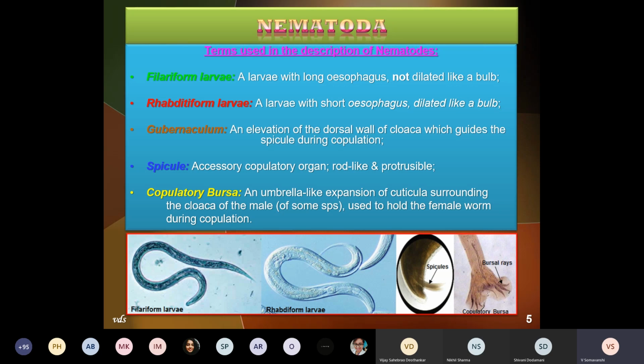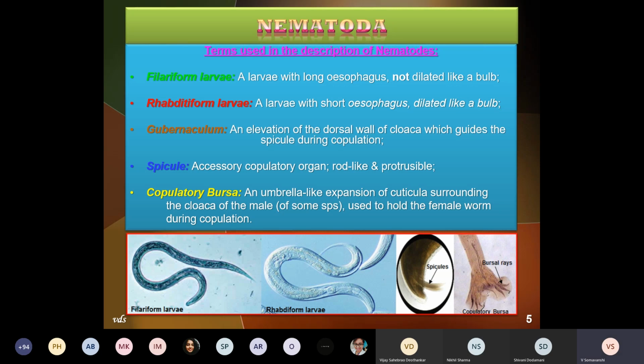They can retract inside or they can protrude outside. During copulation, these spicules protrude out to hold the female parasite tightly. And that's why the gubernaculum is also supported with muscular rays that protrude the spicules outside during copulation. So this gubernaculum is just an elevation of the dorsal wall of the cloaca which guides the spicule during copulation.